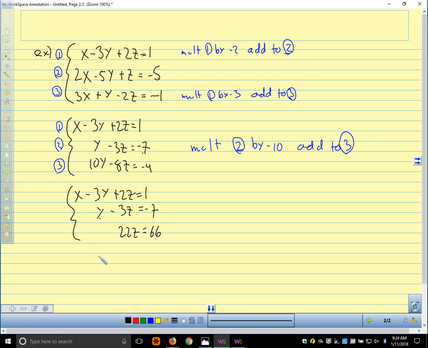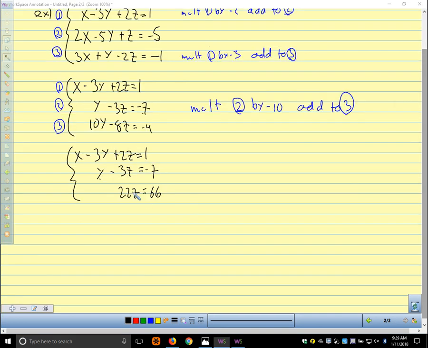Now we could come up with our solution from here, but I want to get my system in row echelon form just to do the final step. So what are we going to do to this third equation to get rid of that 22? Divide by 22.